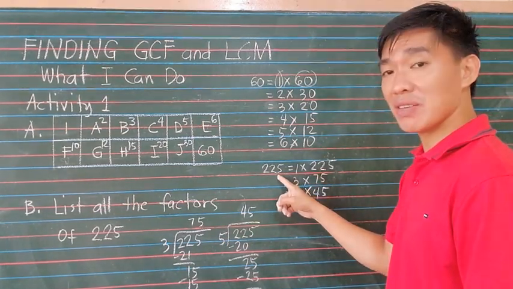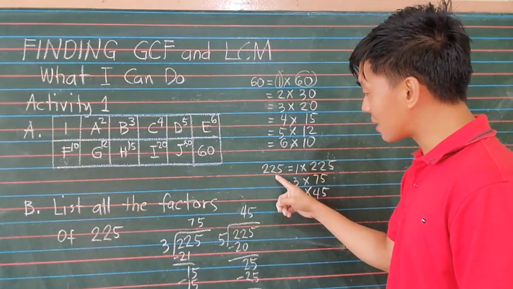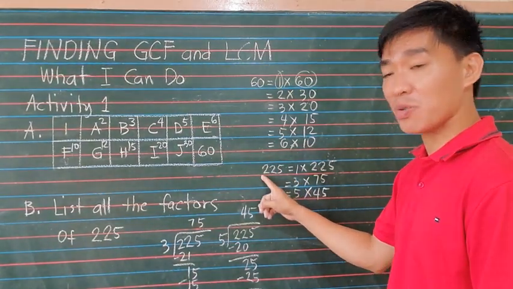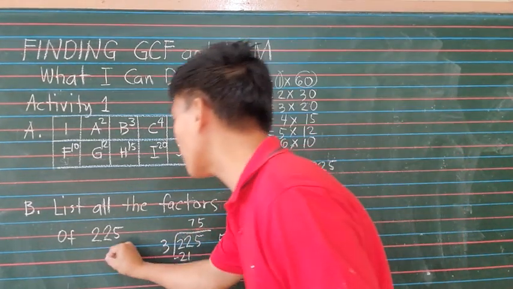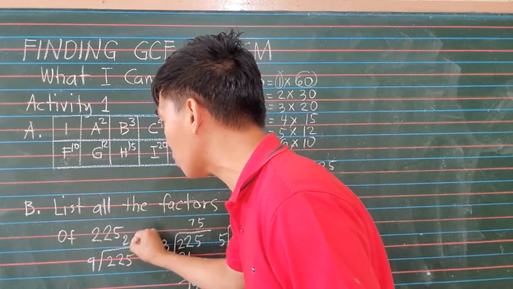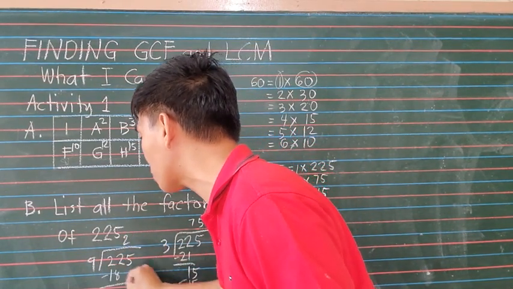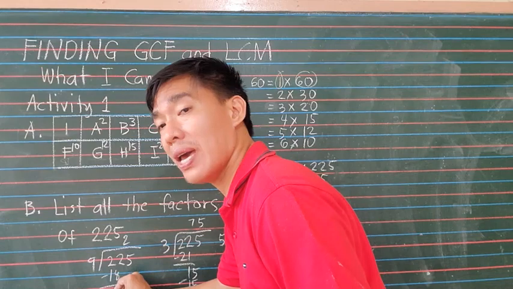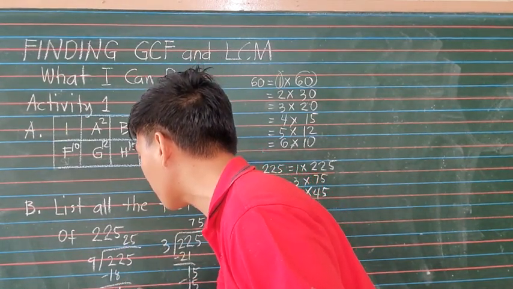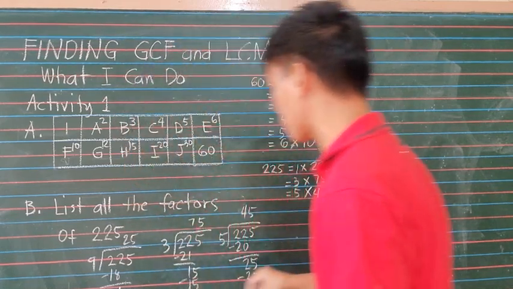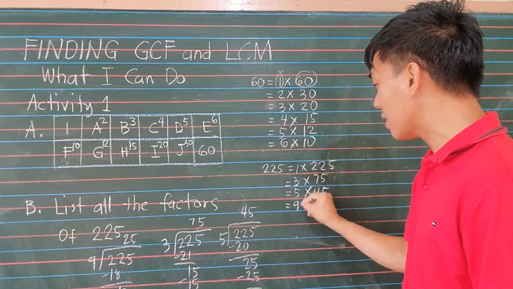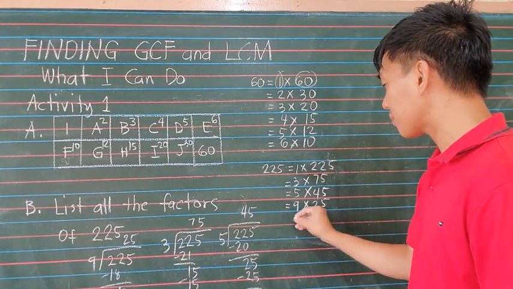This one, I think, is not divisible by 6, by 7, by 8, by 9 for sure, because 5 plus 2 plus 2 is equal to 9. So 225 divided by 9, that is equal to 2, that's 18, subtract 22 and 8, that is equal to 4, 5, so that is 5, 45, that's 0. So the pair of factors is 9 times 25.